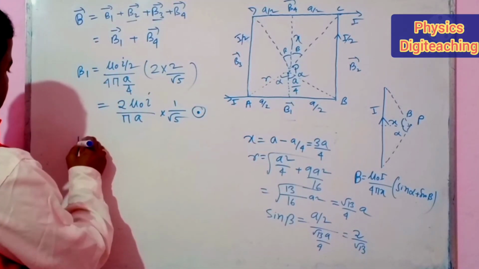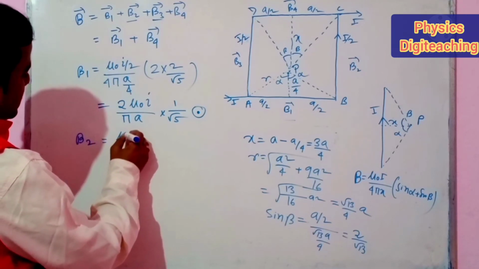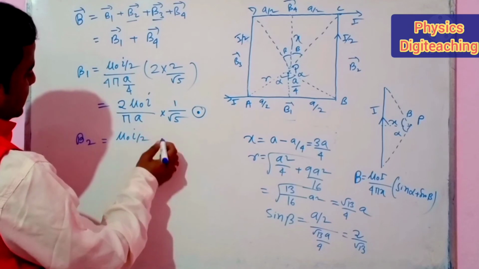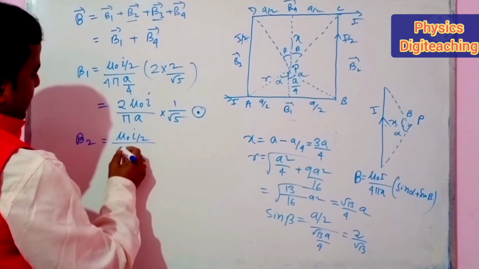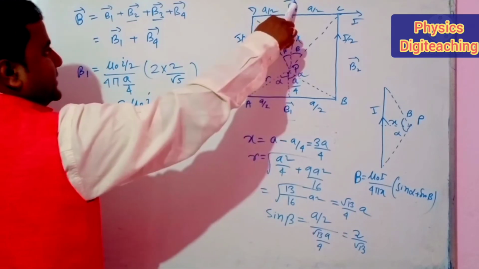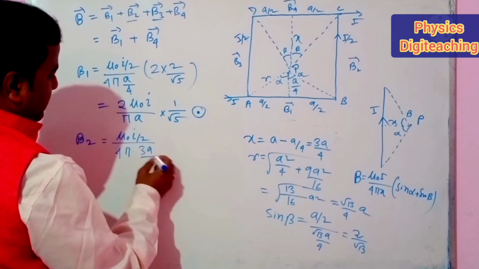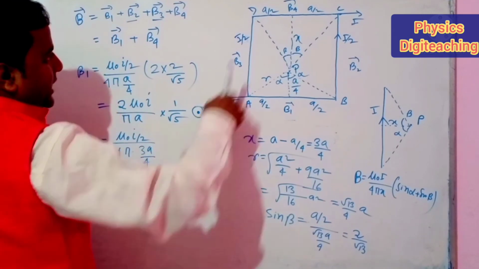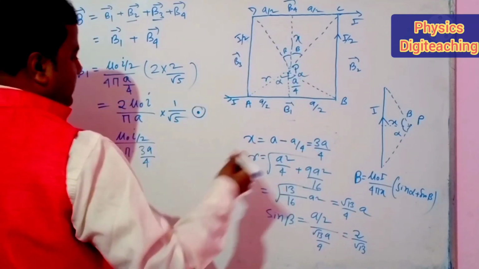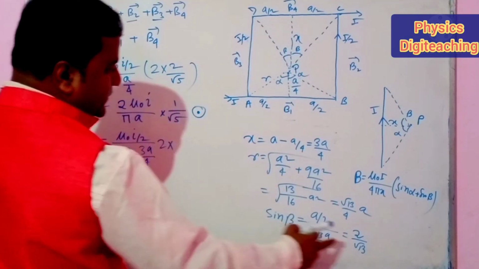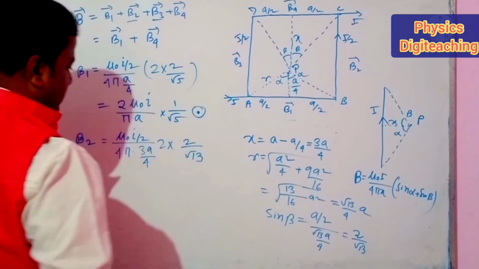Therefore we get B4 equal to mu naught I by 2 upon 4 pi x, at the distance x equal to 3a upon 4. Here also the angles are the same, therefore 2 into sin beta, that is 2 upon root 13.